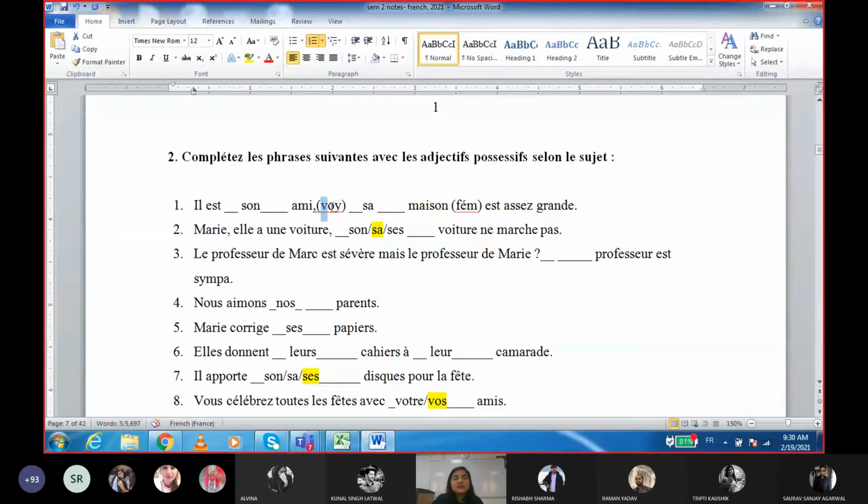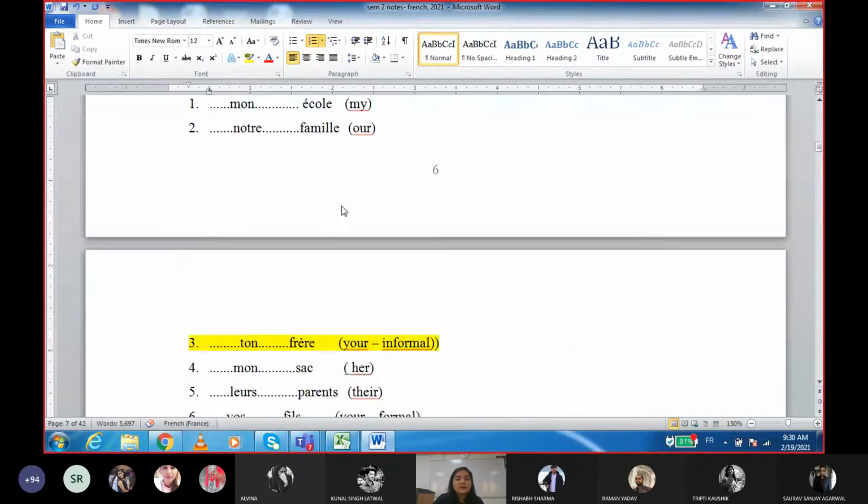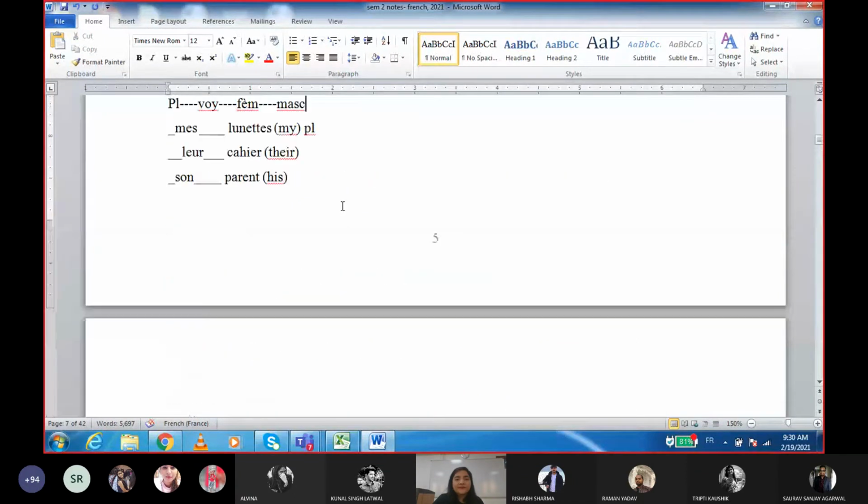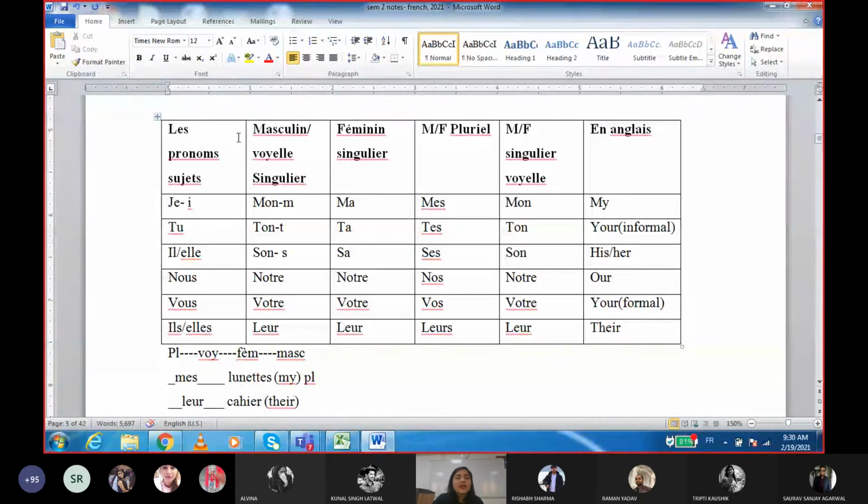Once you have found the gender, that is vowel, you will go to the table once again. Here you will see that the vowel category is the first column. Now out of this first column, you can add any of these words, not only mon or so, any of these words, and your answer will be correct.